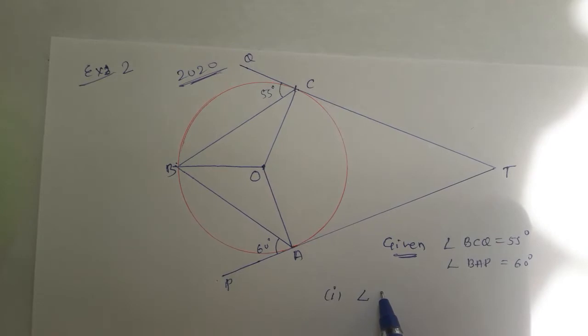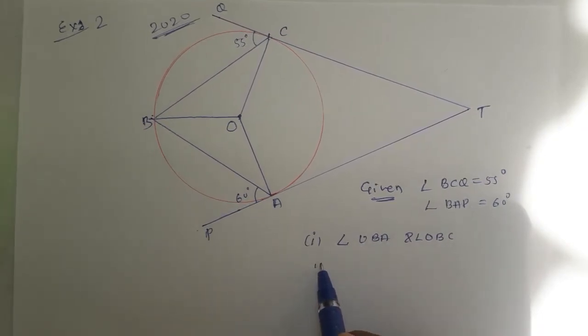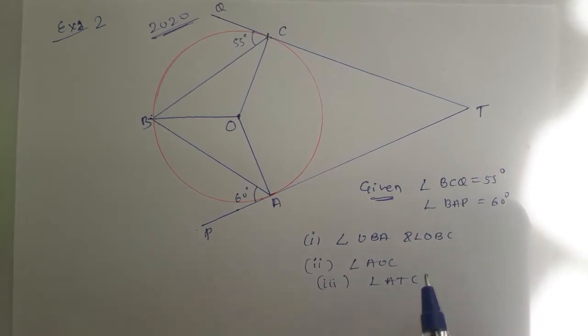First, angle OBA and OBC both to find out. Second, angle AOC. Third one, angle ATC. Write all the unknown angles with genuine reasons.